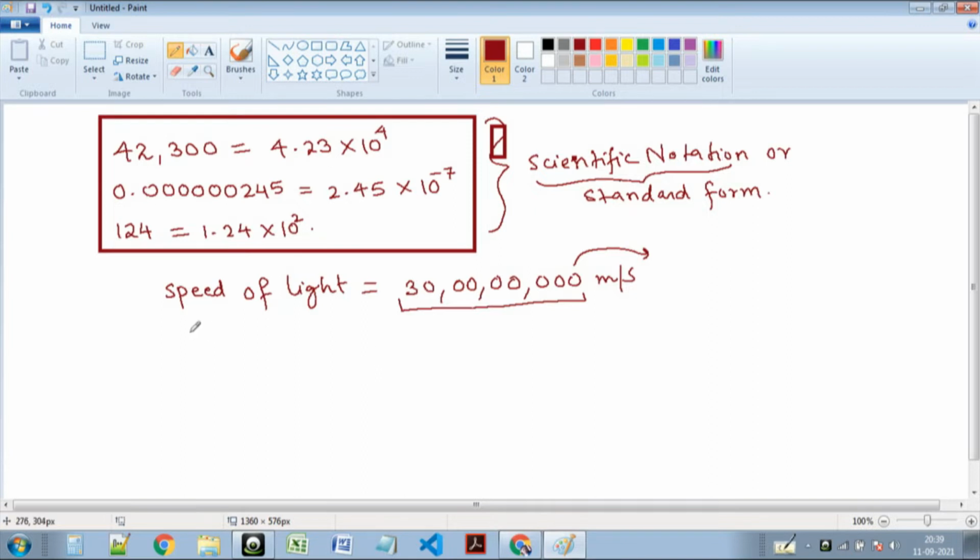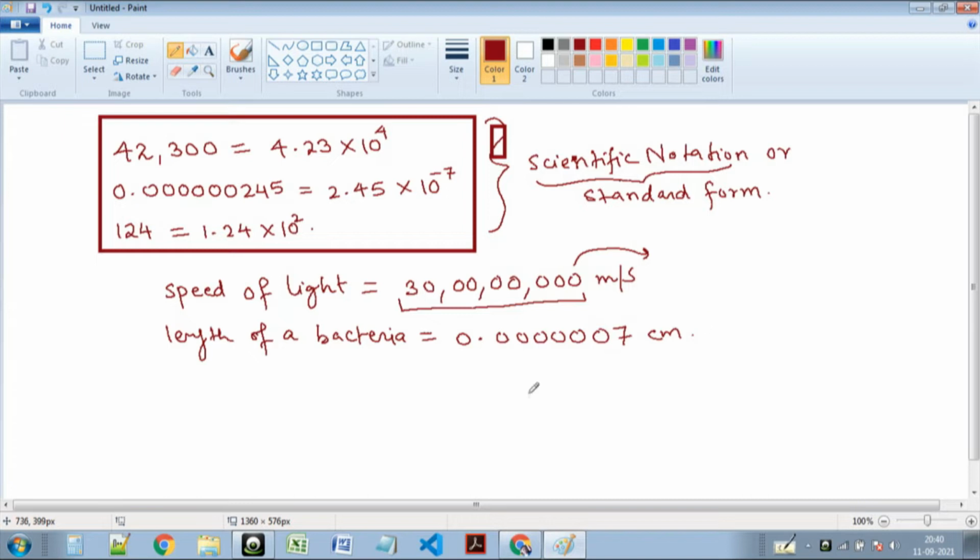Just suppose I am taking the length of a bacteria. You know that a bacteria is a microorganism and its length is very small. Suppose its length is 0.0000007 centimeters, right?